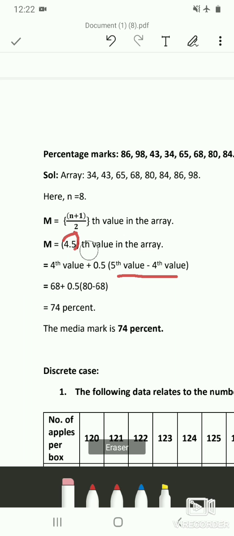This is a simple formula. Or the other way to find it is to add the 4th and 5th value and divide by 2. So you will get the 4.5th value.